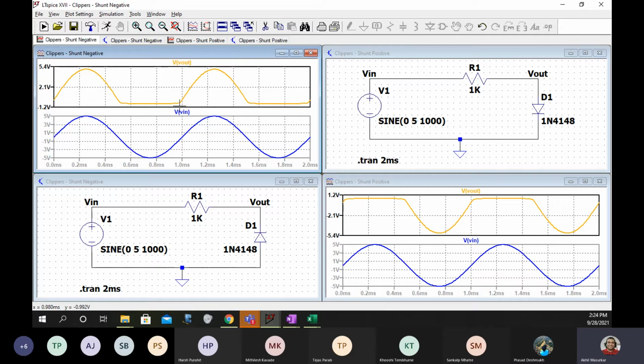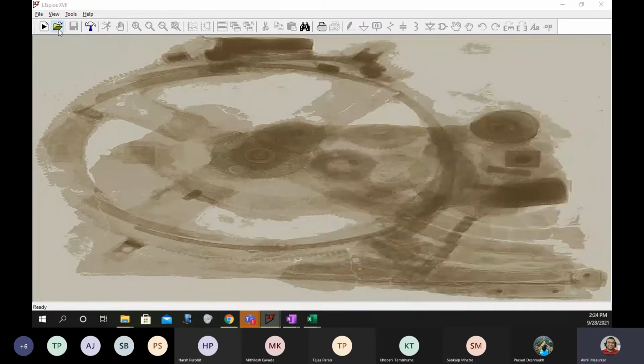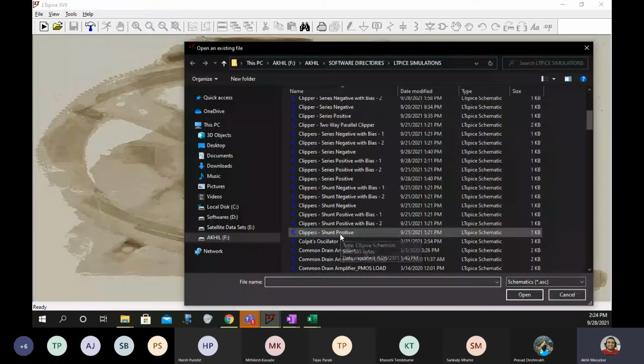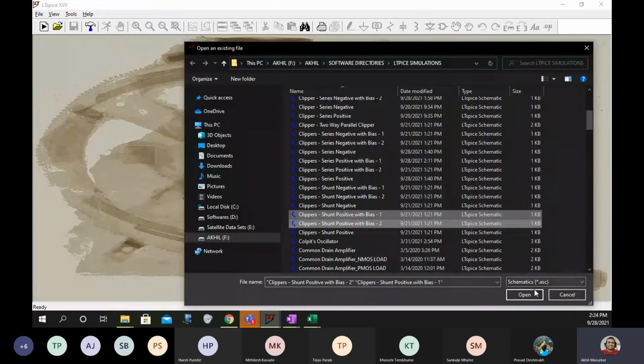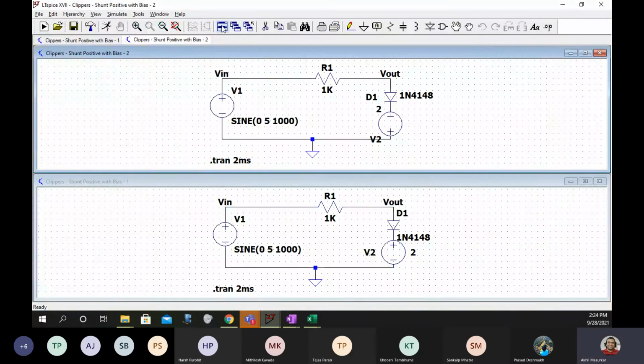Now can you all simulate the next? We'll go for shunt positive with bias now. Whenever you put a bias, just remember that the bias is always in series with the diode.